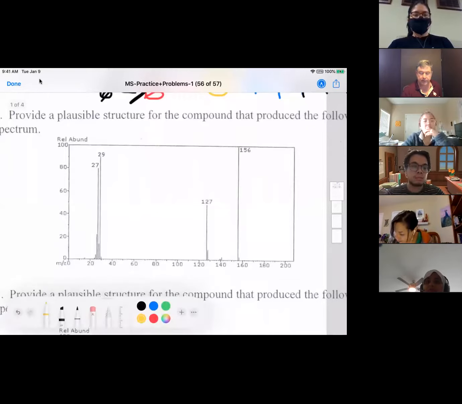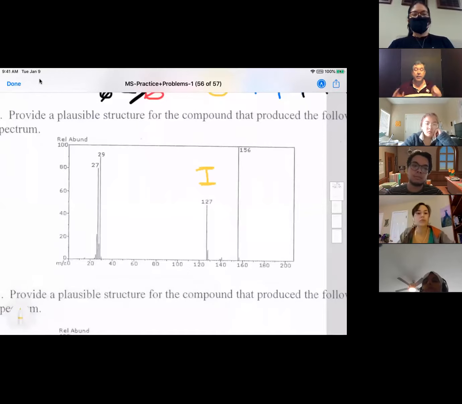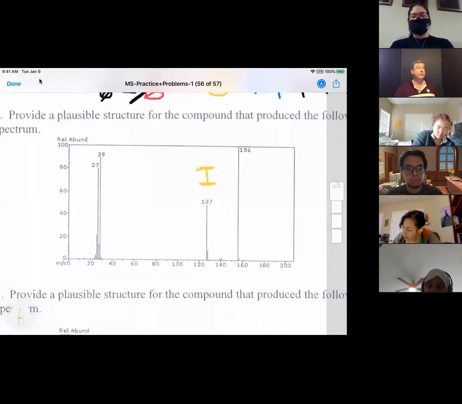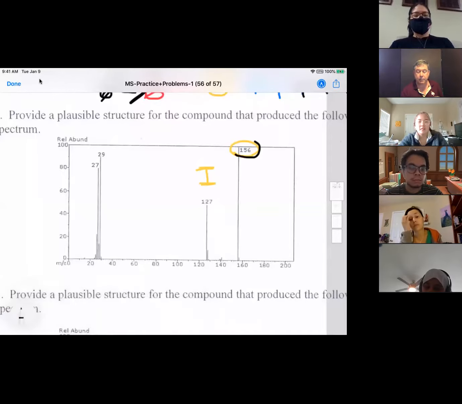So if we have this identified as a halogen, iodine, right here, that tells us that 127 is part of the molecule, and the rest of the molecule is what's left. If this was our parent ion peak right here, that means the molecular weight of the rest of the compound has to be this minus 127.